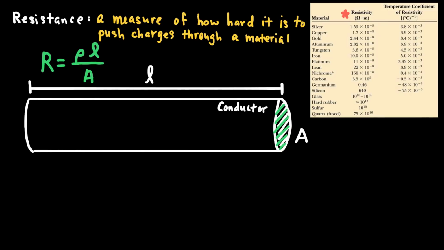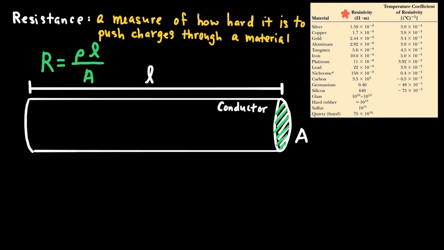We're not so concerned with figuring out the resistivities at different temperatures, but it is important for you to know that not only is the resistivity and therefore the resistance of a given length of material determined by what it is, but the temperature also can affect what that resistivity is.